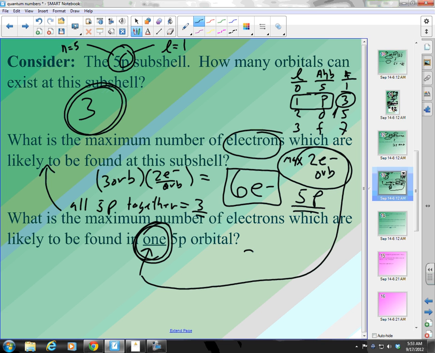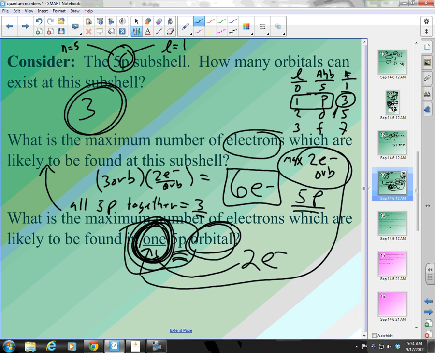Only 2 electrons. Does it matter if I say 1 5p, or 1 2000 F, or 1 100s? It really doesn't matter if we're talking about 1 orbital, regardless of where it is. How many electrons can be found at maximum in 1 orbital? 2. And that's it. Got it?